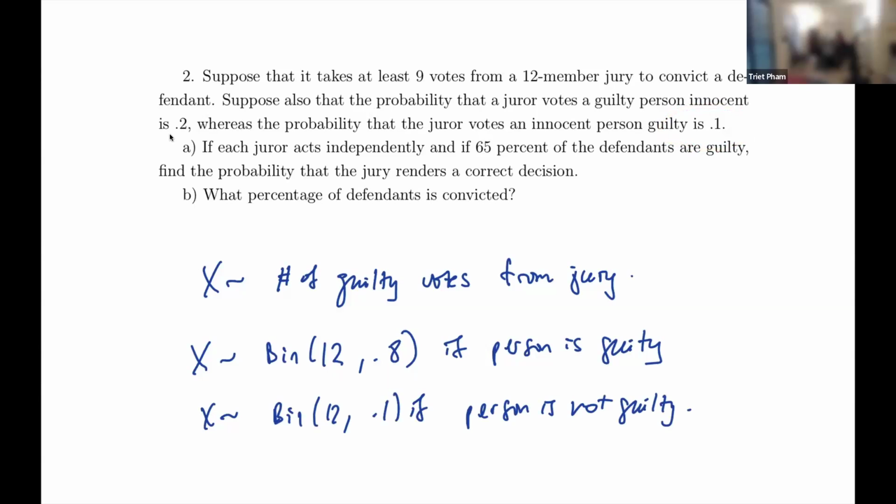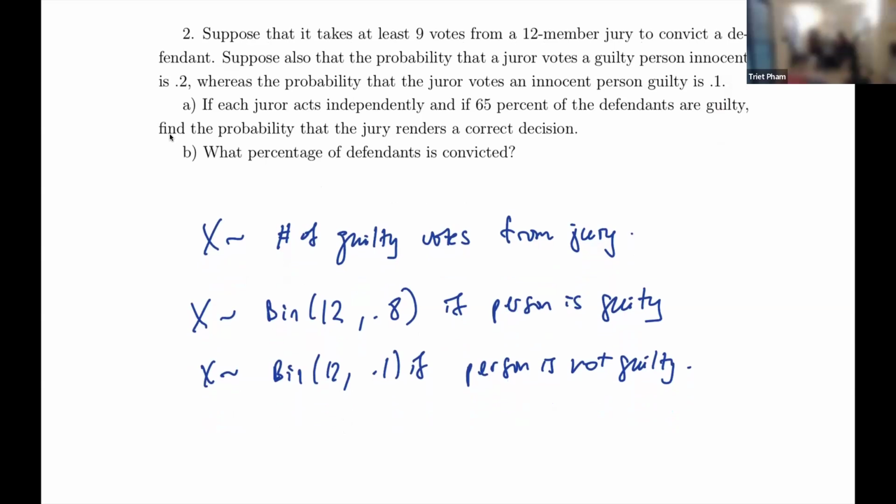All right. Do we have enough information to answer part A? What's the probability of a correct decision? How can we do this?